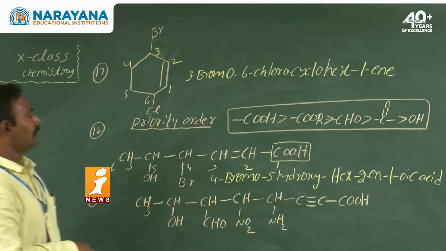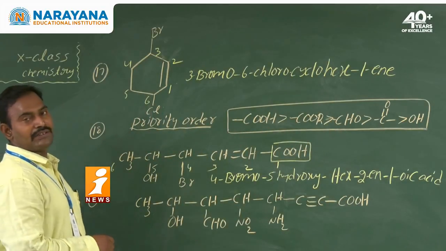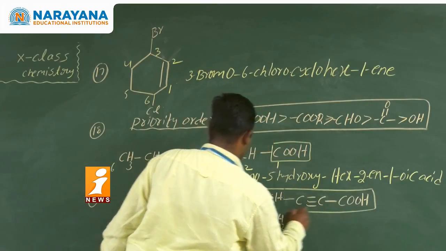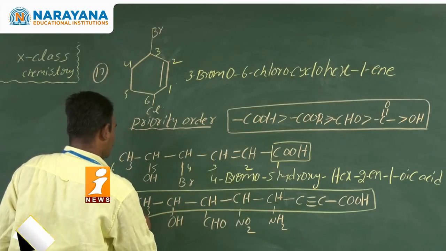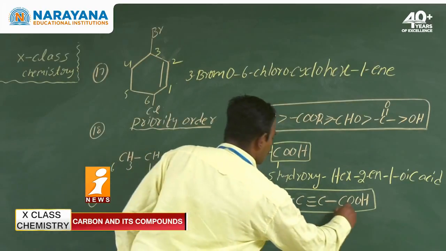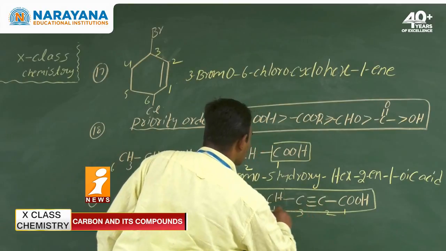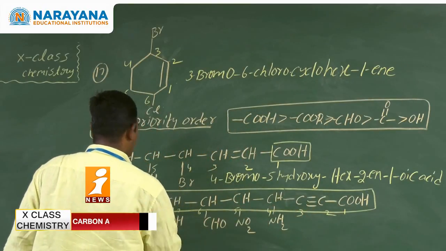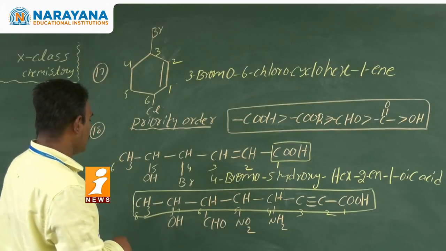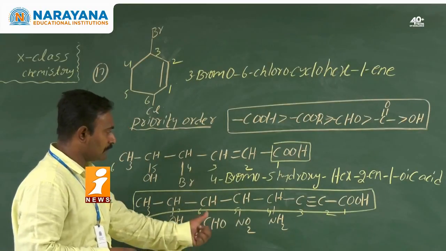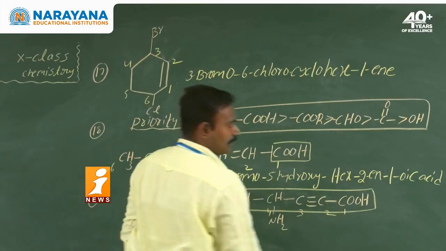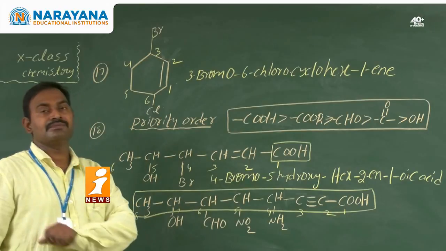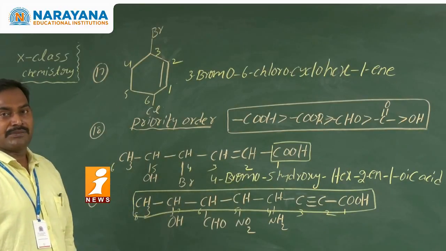Now select the longest possible chain with the functional group. So 1, 2, 3, 4, 5, 6, 7, 8. Now see here, the name of the compound. Here also only one is a functional group, that means the secondary suffix, and all the remaining functional groups come under the prefix or substituents.